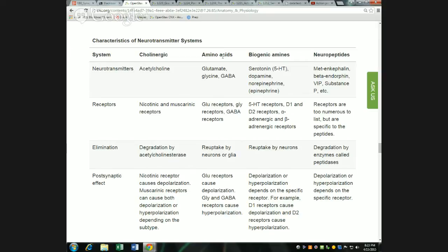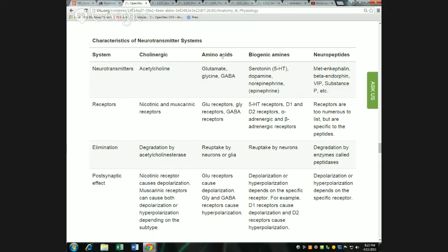And it has its own receptors, which are called 5-HT receptors, because 5-HT is the abbreviation for the chemical structure of serotonin. And all 5-HT receptors cause hyperpolarization, which actually got left out at the bottom of that column there. But serotonin is strictly inhibitory, just like glycine and GABA.